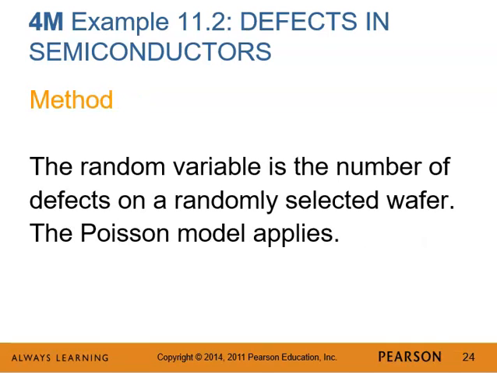So for the random variable, the number of defects on a randomly selected wafer, we can use a Poisson model here.